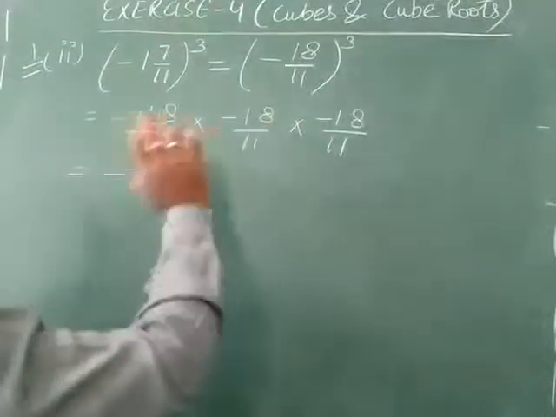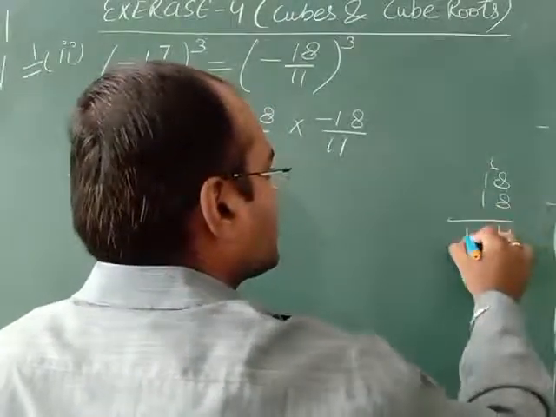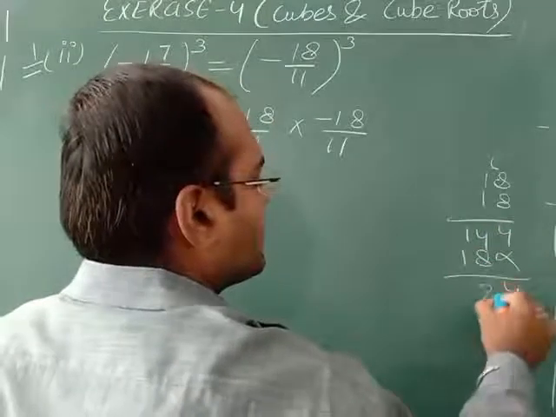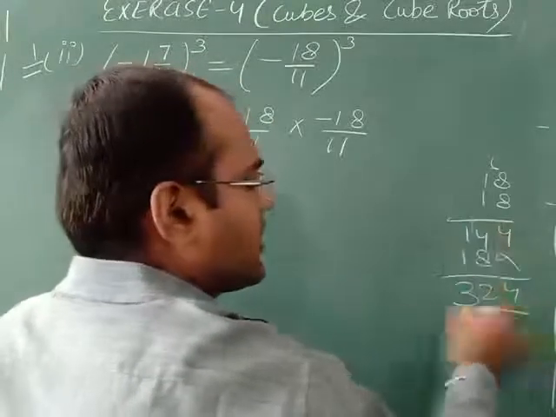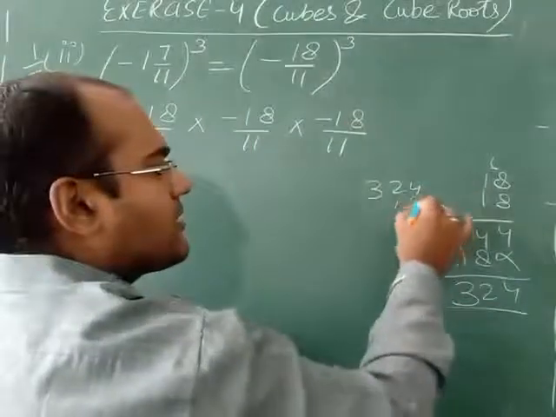Now 18 into 18 we will do. 324. Now this 324 again we have to multiply with 18.